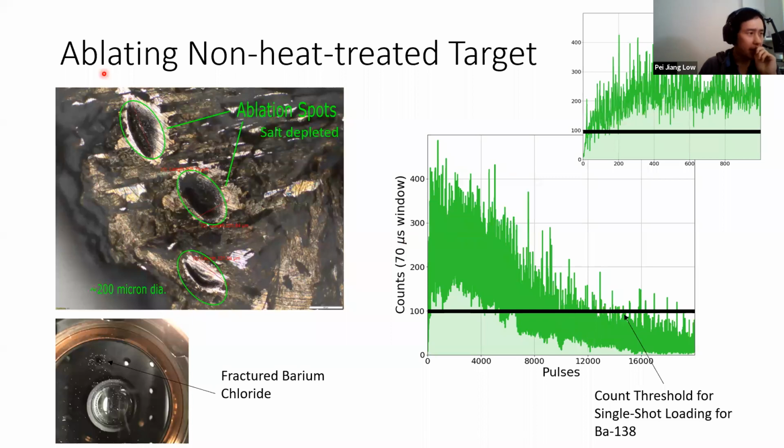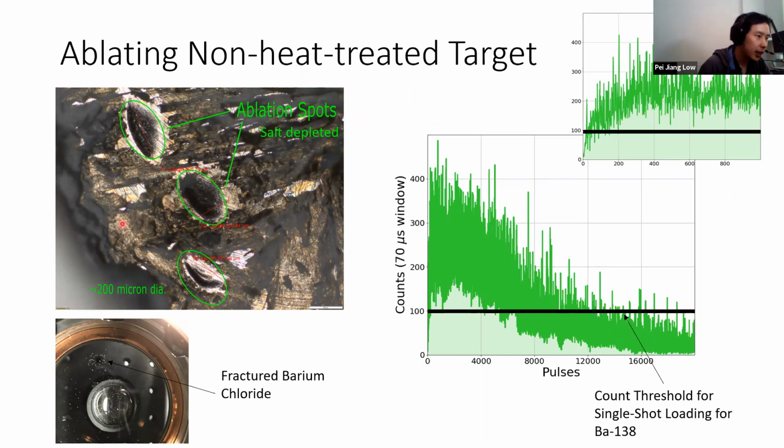And you can see that at the edges, it is cleaned off, so you can see directly the metal surface underneath. And at the center, we can see this black charring mark from the ablation. So from the microscope, it's confirmed that the ablation spot is indeed depleted of the barium chloride salt.